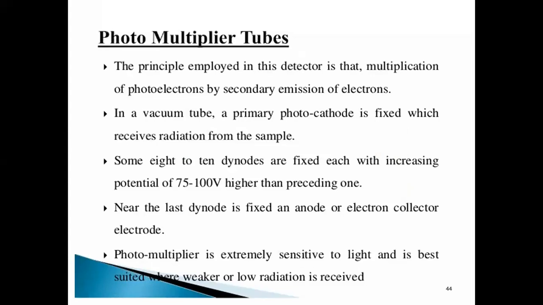The photomultiplier is extremely sensitive to light and is best suited where weaker or low radiations are received. In case of a weak signal being generated in a different detector system, in such cases the photomultiplier tube is used, where, as soon as the radiations fall on the cathode, electrons are emitted, and the same electrons fall on the different dynodes, and likewise there is amplification of the signal.